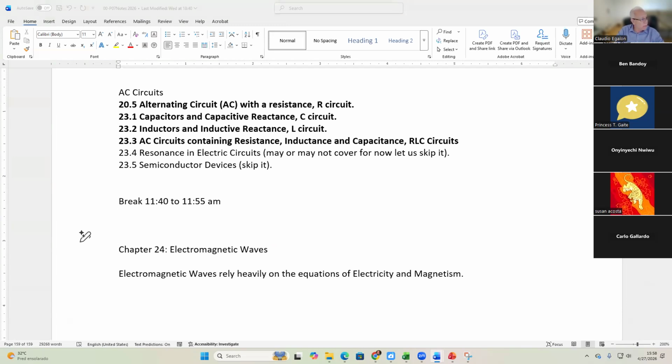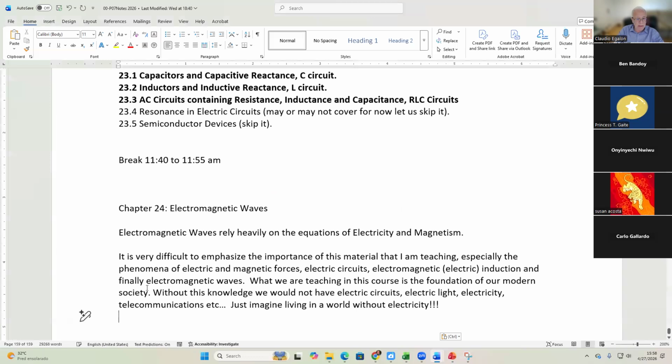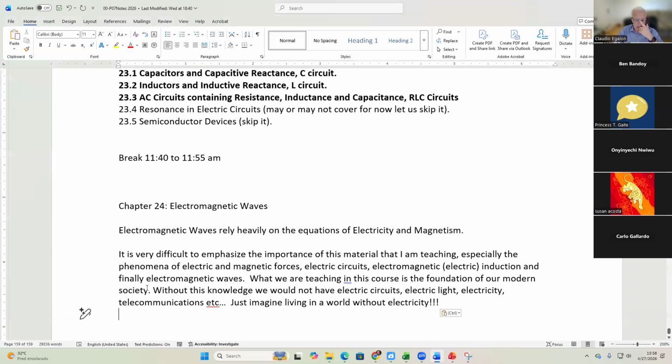It's extremely difficult to emphasize the importance of this material in the understanding of electromagnetic waves. This whole thing that we're teaching is the very foundation of our modern society.